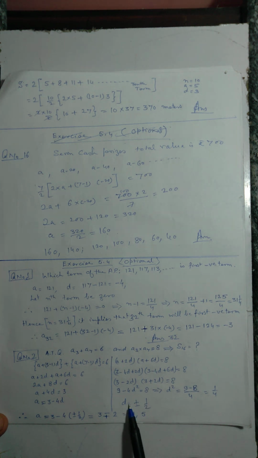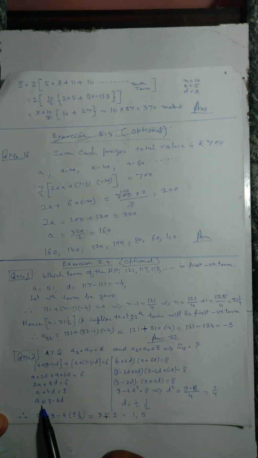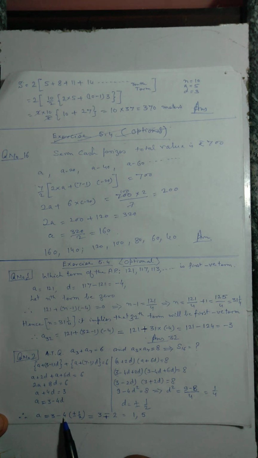Now substitute this value here to find out the value of A. So 3 minus 4 into plus minus 1 by 2. Before this there is a minus, so this plus will become minus and this minus will become plus.